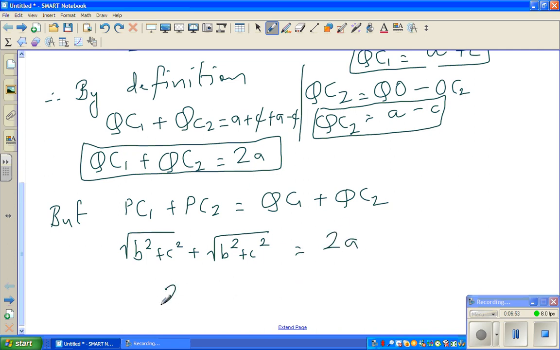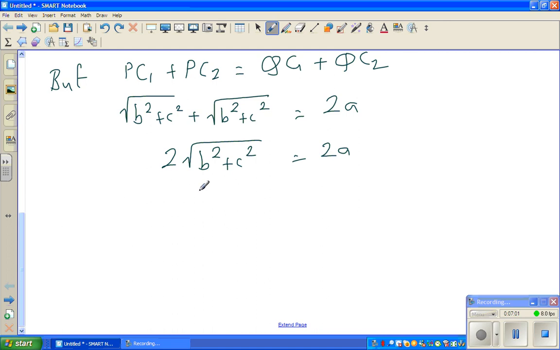Divide both sides by 2: the square root of B squared plus C squared is equal to A. Squaring both sides, B squared plus C squared is equal to A squared.